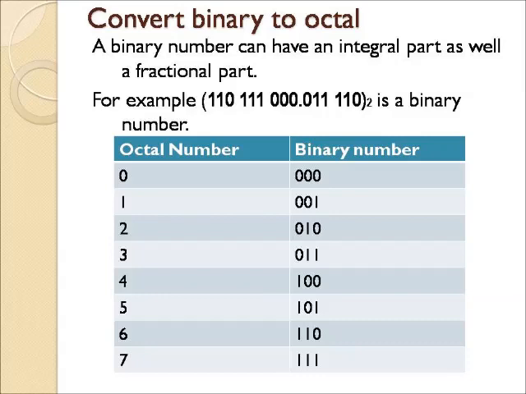So it is 110 111 000 . 011 110, which is the binary number. Now let's see how we can convert the given binary number to its equivalent octal number.